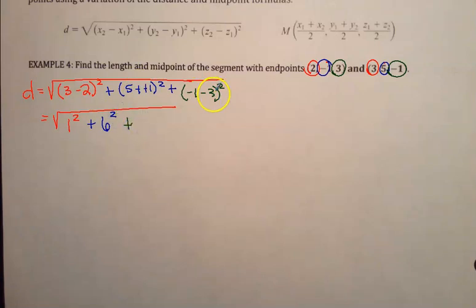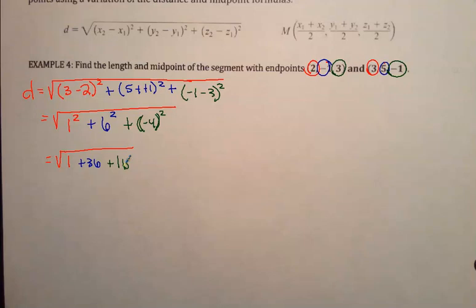plus -1 minus 3 is -4. So -4 squared. Okay, I'm putting my -4 in the parentheses so I remember the whole thing is squared. So this equals the square root of 1 squared is 1, plus 6 squared is 36, plus -4 squared is 16. Because remember, -4 times -4 is a positive 16.